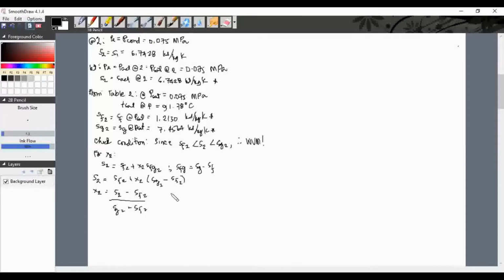So, we have S2 of 6.7428 minus S sub F2, 1.2130, divided by SG2, 7.4564 minus 1.2130. So, meron akong quality na ilan?